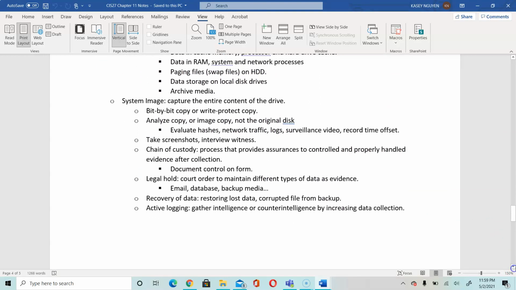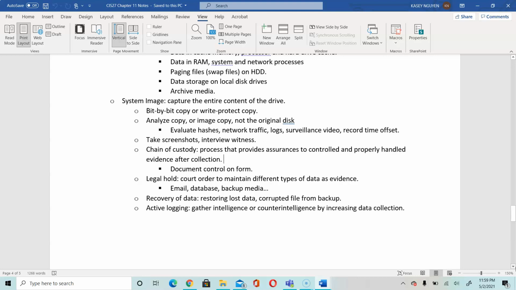And the next area talks about legal hold. So this would be required based on a court order. And with the court order, they would maintain different types of data as evidence. So under an investigation, a company would be required to have a legal hold.